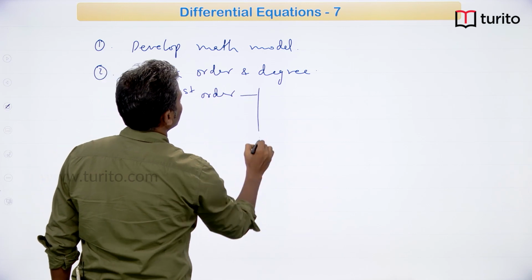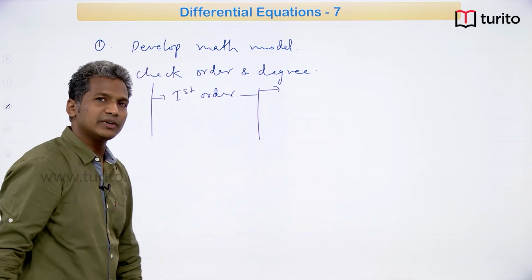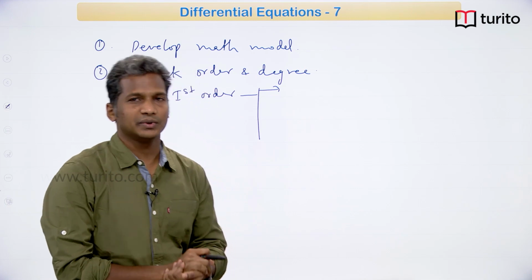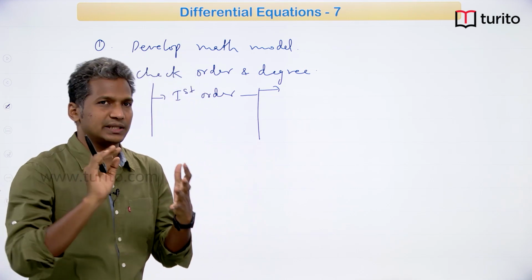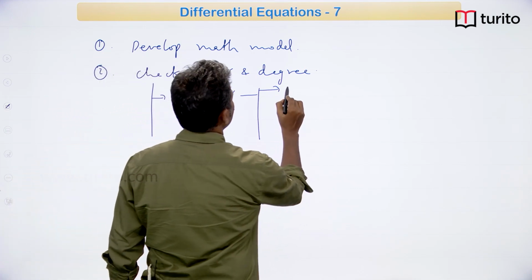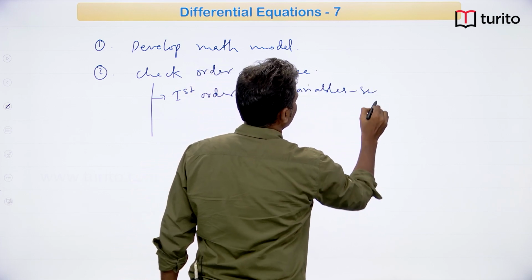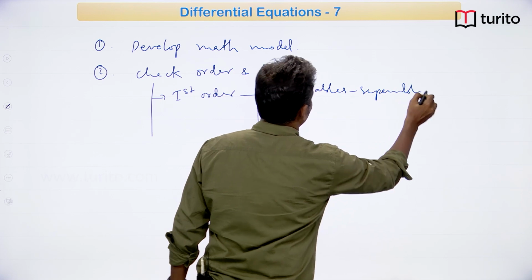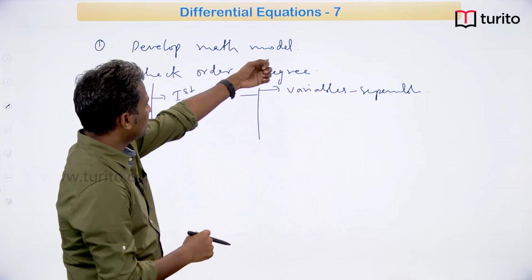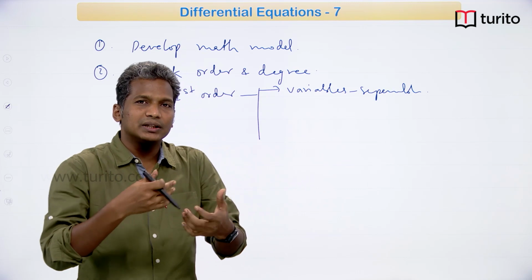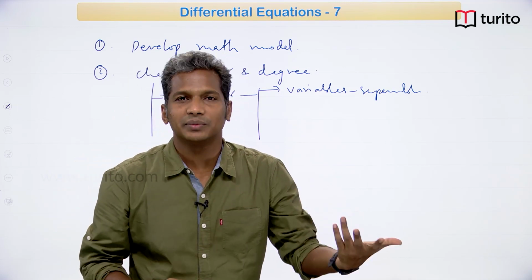Now here again, what is the first method that we attempt? Variable separable method, because that is a very easy method. So this is our step 1, variables separable. When we look at the equation, we know whether it is separable or not.